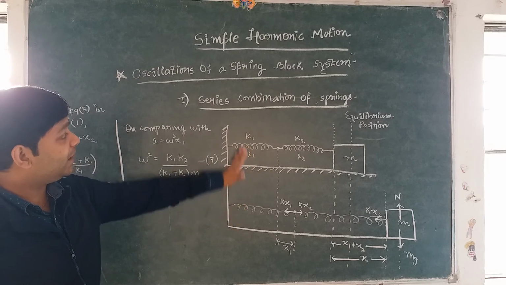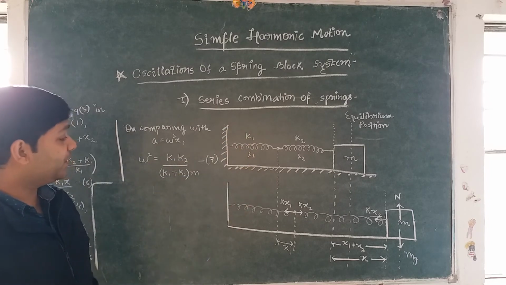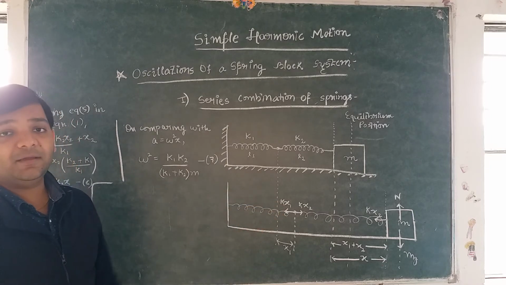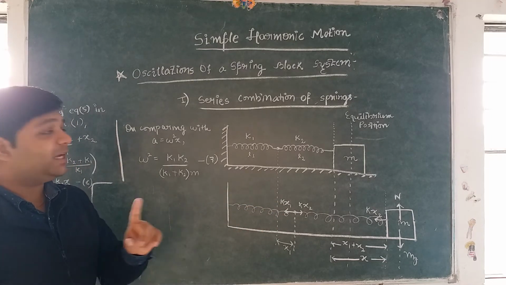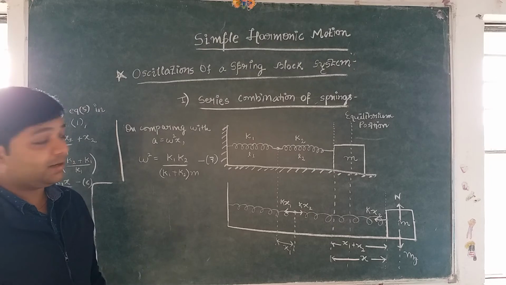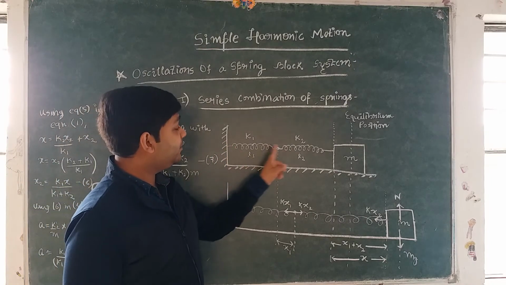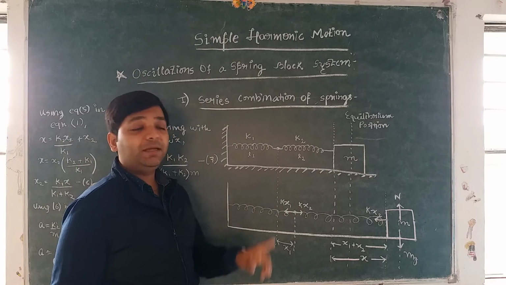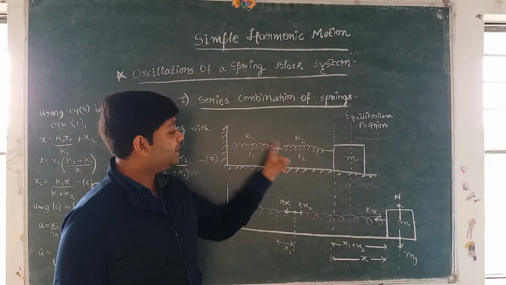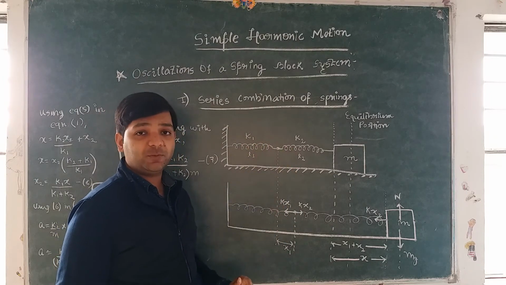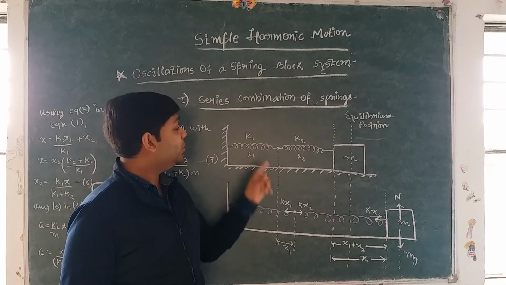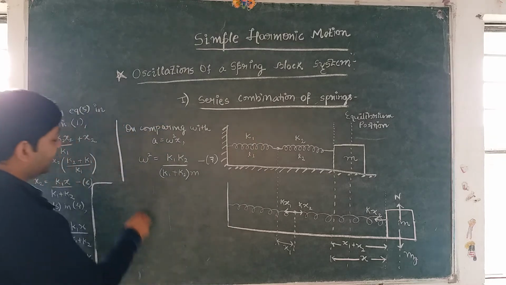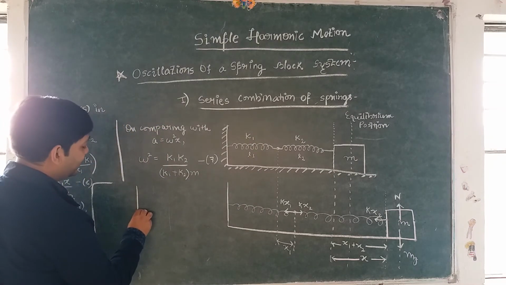So this is our series combination of spring. Now what I do, I replace these two springs with a single spring that will be called an equivalent spring of length L1 plus L2 and whose spring constant is K. Now I am going to replace this series combination of two springs with a single spring whose length is L1 plus L2 and whose spring constant is K. So the picture will be something like this.